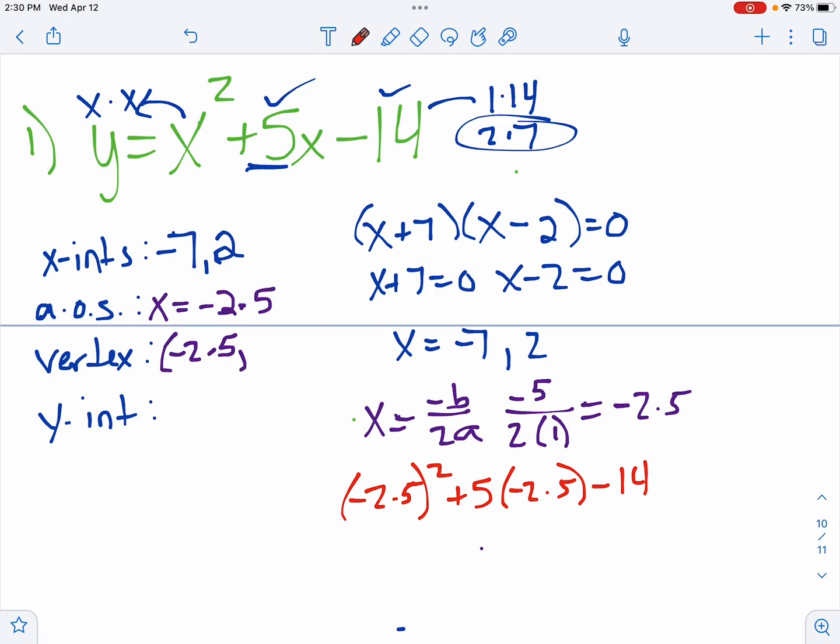So -2.5 squared is 6.25. 5 times -2.5 is minus 12.5 minus 14. So I have 6.25 minus 12.5 minus 14, which leaves me with my y value for the vertex at -20.25.